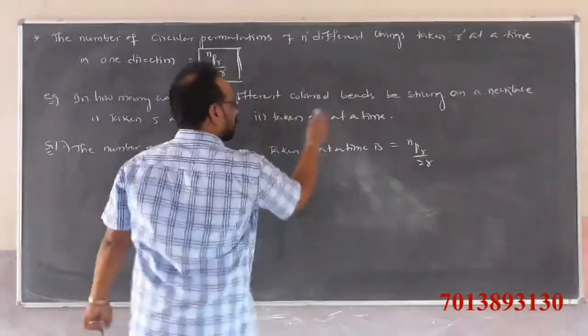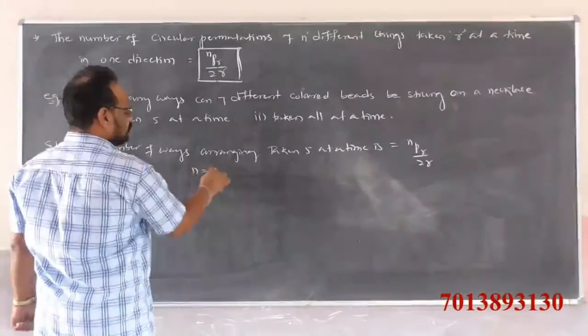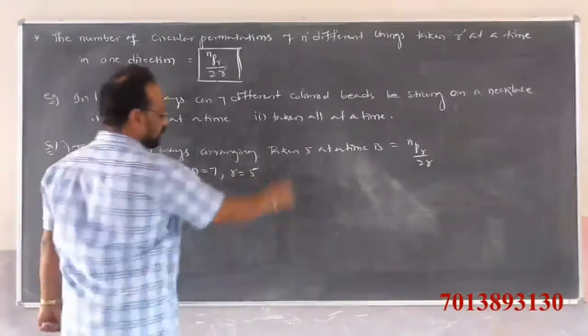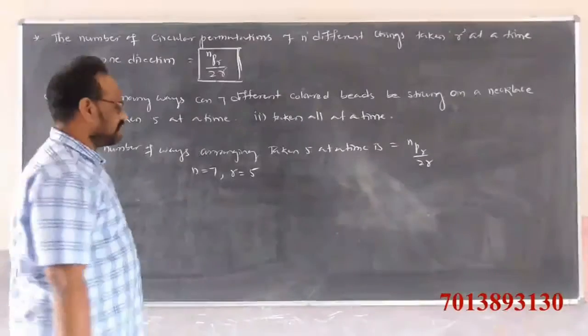Here n is equal to 7 and r is equal to 5.